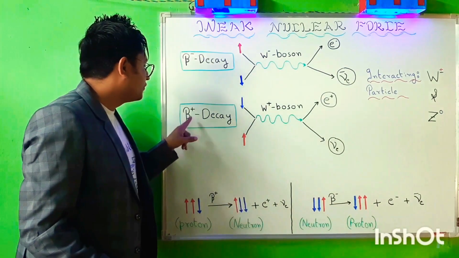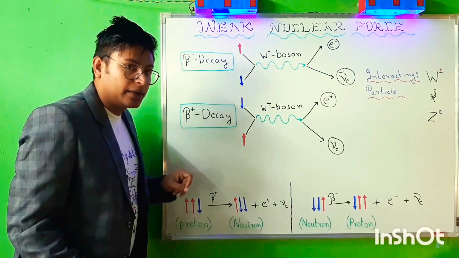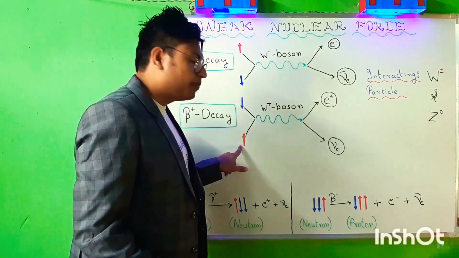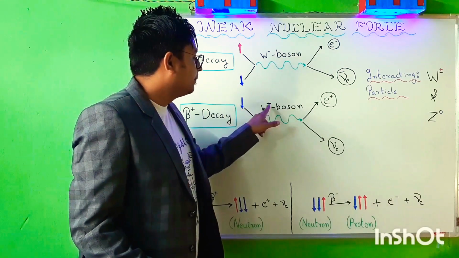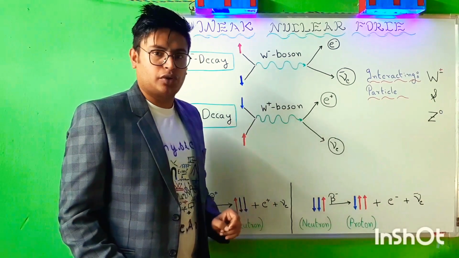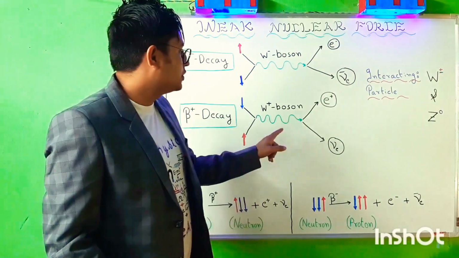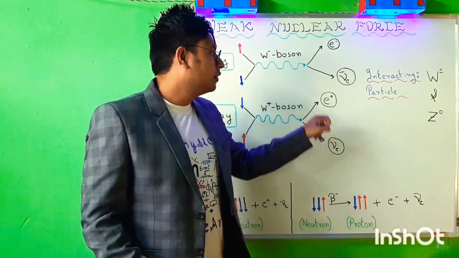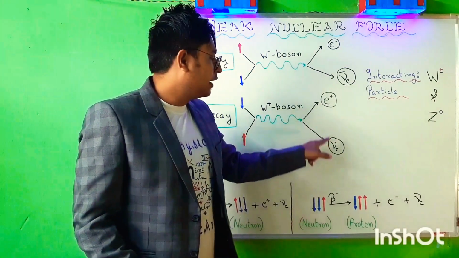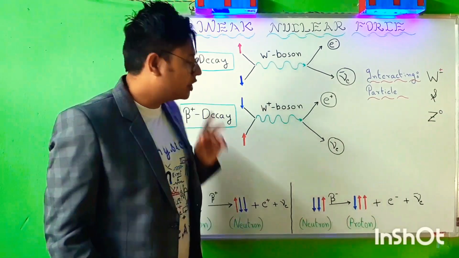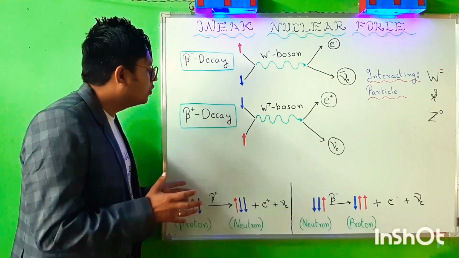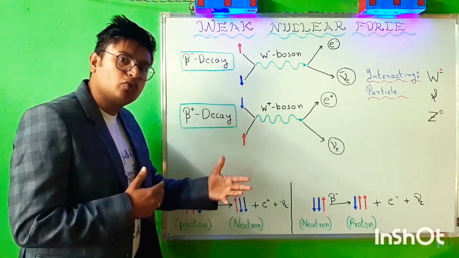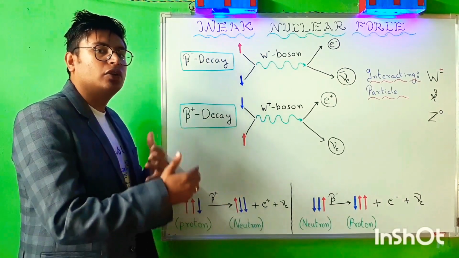In the case of beta plus decay, a positively charged up quark changes into a negatively charged down quark, emitting a W plus boson, which is soon going to decay into a positron and a neutrino. So this is how the beta decay takes place. This is how an up quark changes into a down quark and changes into an up quark.